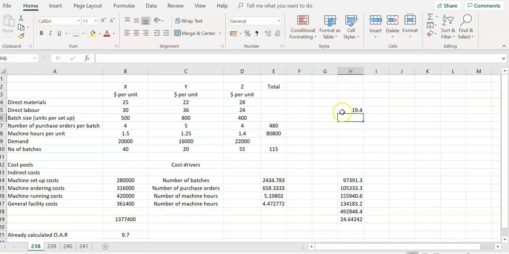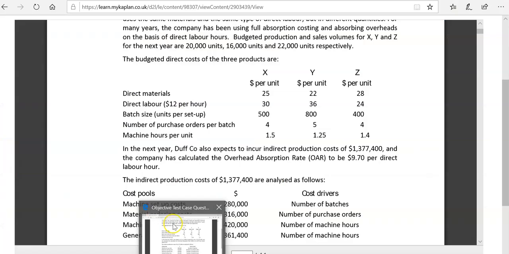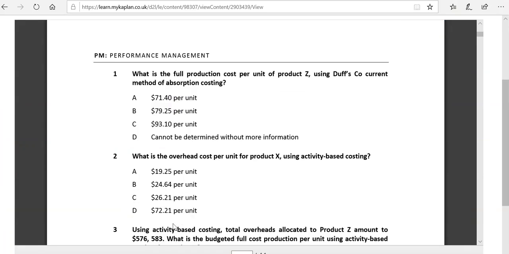So now the question is asking about the full cost. The full cost will be materials, plus labor, plus this overhead, which gives us 71.4. So that is 71.4 for that one, which takes us nicely to this answer here, A. So number 1 is A.